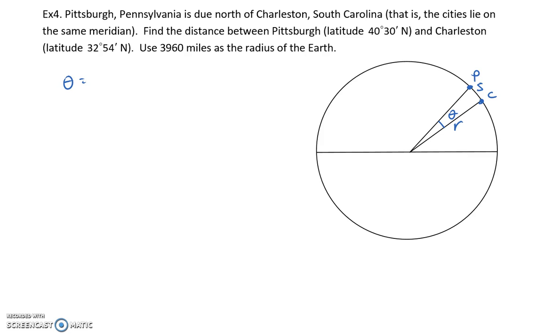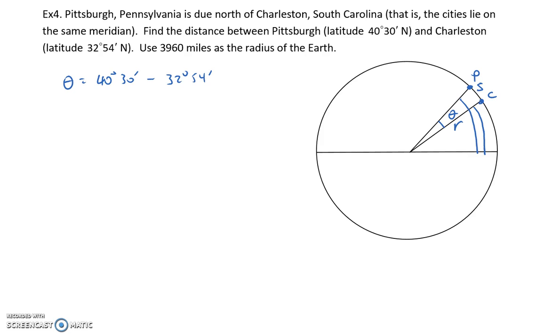For Pittsburgh, 40 degrees 30 minutes, and for Charleston, 32 degrees 54 minutes. What these latitudes represent are these angles right here. This is for Pittsburgh, and this is for Charleston. That's measured from the equator. So the difference in those angles is going to give you that central angle theta.